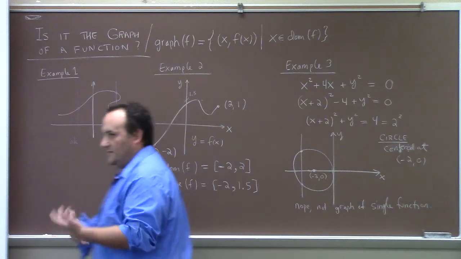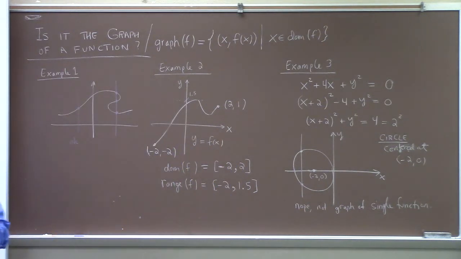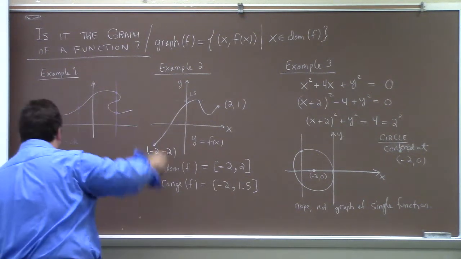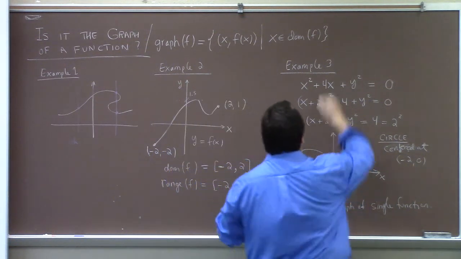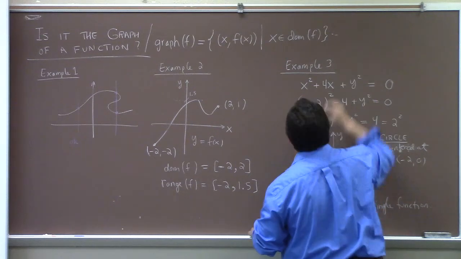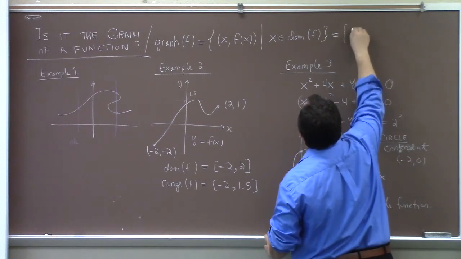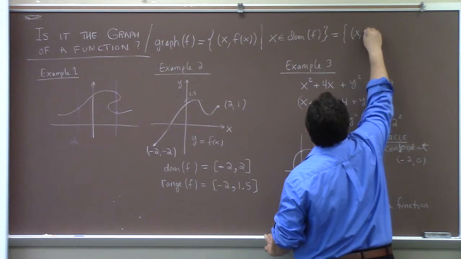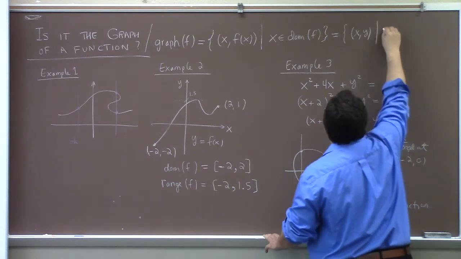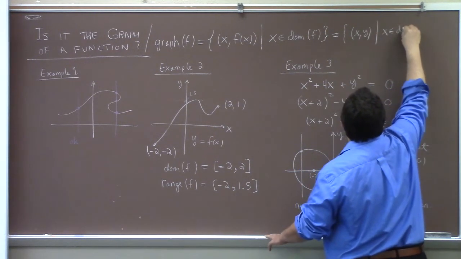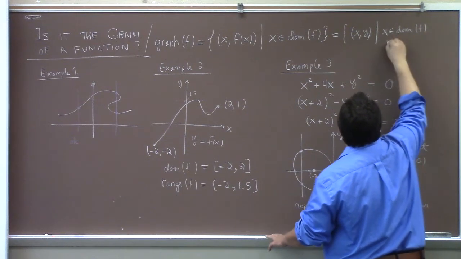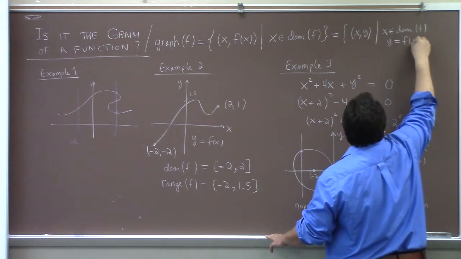So to decide whether or not something's a function, we can apply the vertical line test, right? But what if you're not given the graph? How would you decide whether or not a given equation could be the graph of a function, right? Like, what's another way to write the graph of a function? We could also write this as the set of (x, y) such that x is in the domain and y is equal to f of x, right?